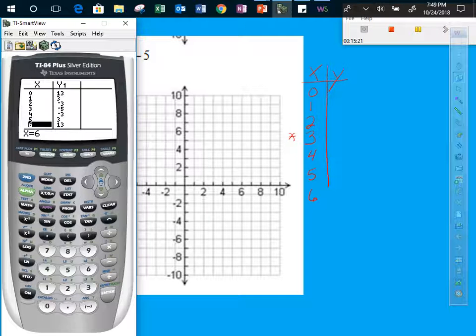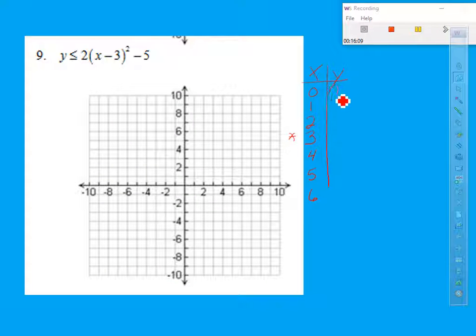So here goes. We said 13, 3, negative 3, negative 5, negative 3, 3, and 13. Now, notice that this is a parabola, so it's got curvature to it. So I got 0, 13, which is going to be way up here off my grid. I've got 1, 3.